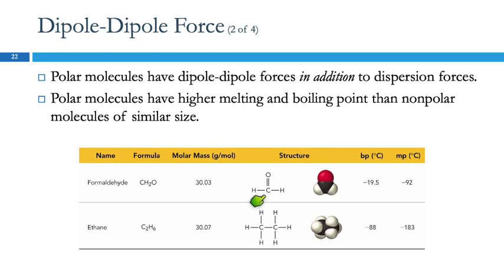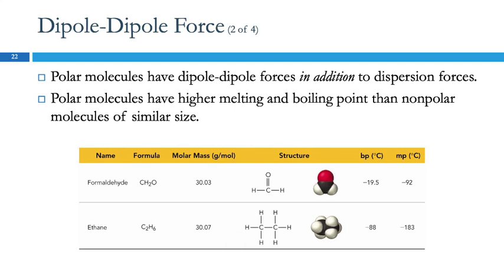This molecule is polar: the carbon, the central atom, has no lone pairs, but oxygen is one of the groups and hydrogen are the others, so they're not all the same. This is a polar molecule. This ethane has just carbon-hydrogen and carbon-carbon bonds. They're all nonpolar bonds, a nonpolar compound.